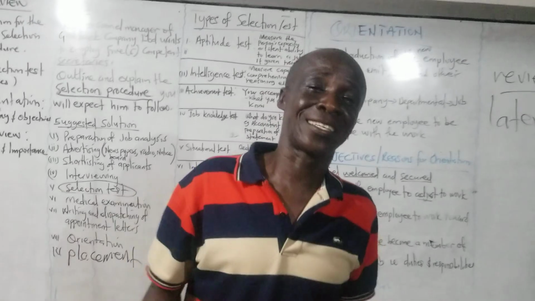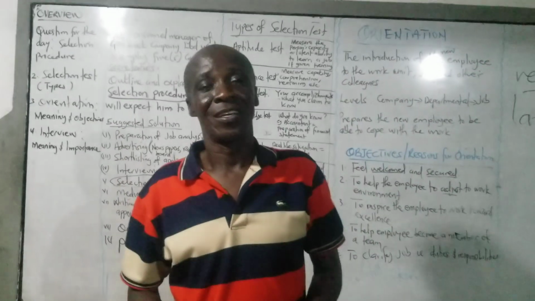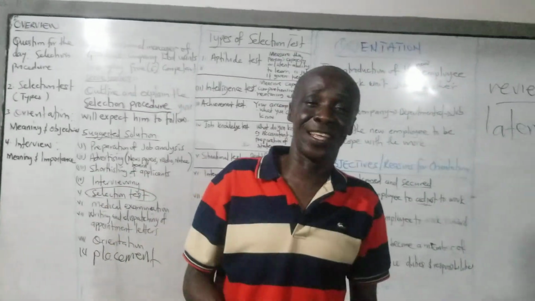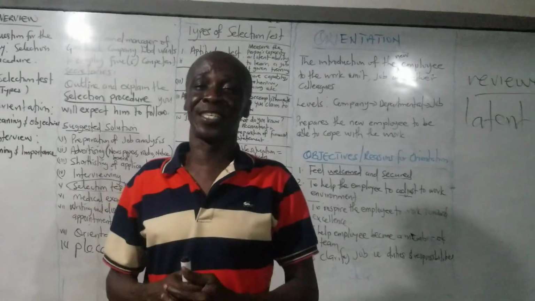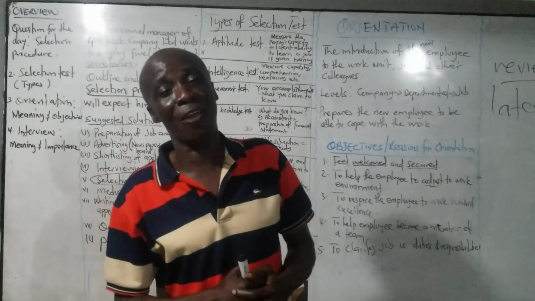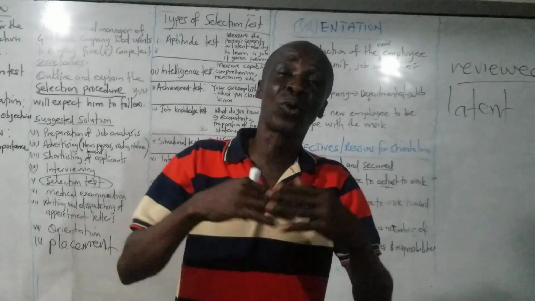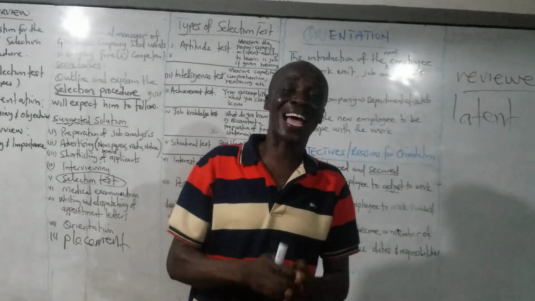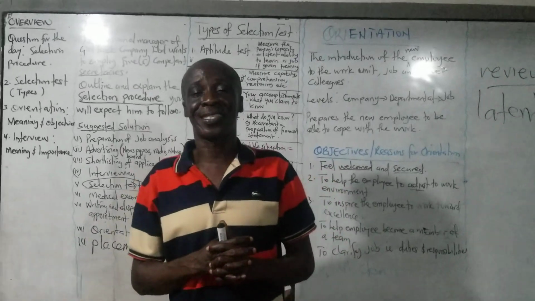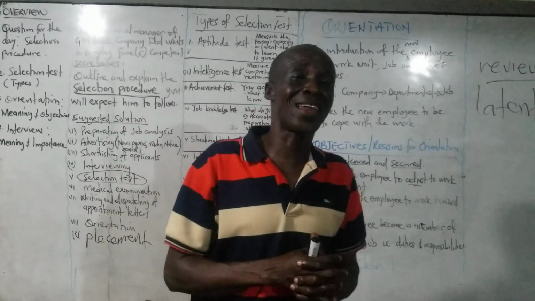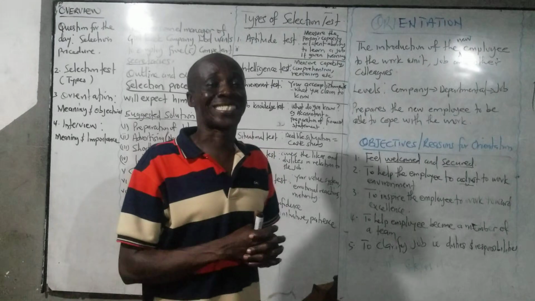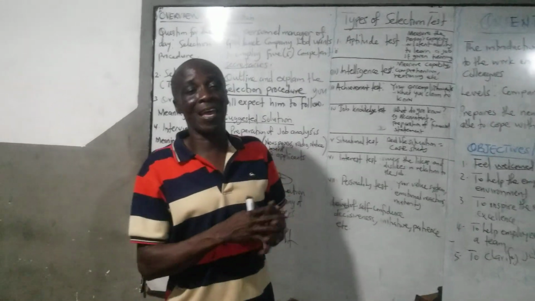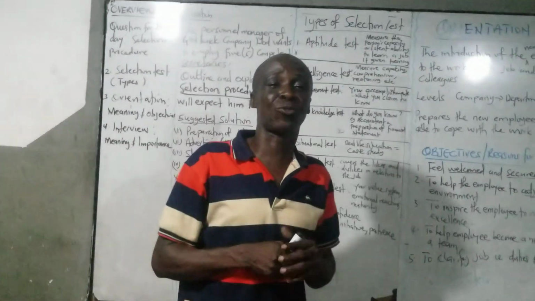We have looked at a question. We are supposed to look at the selection procedure that a human resource manager would go through in getting 5 competent secretaries. Then we looked at the types of tests that we have.